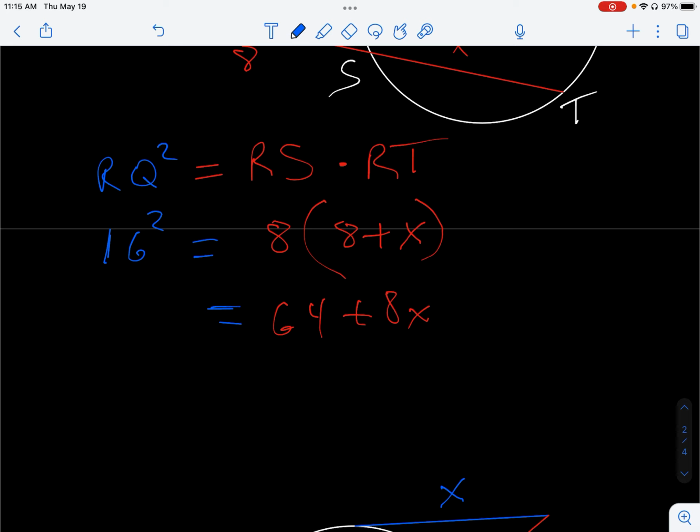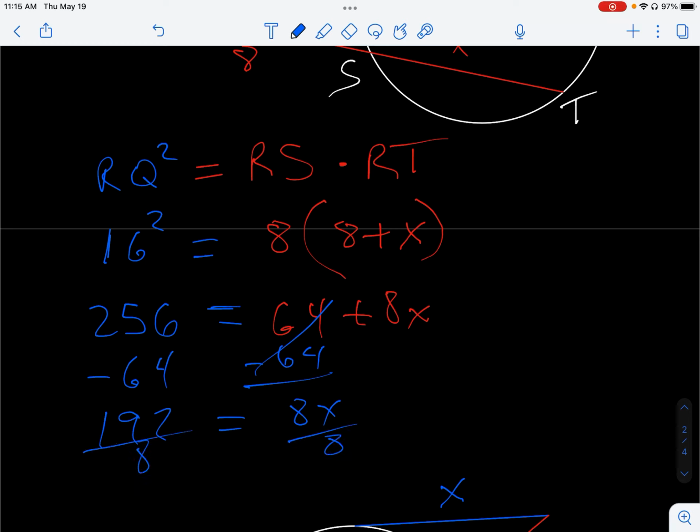16 squared is 256. Let's subtract 64 from both sides. That'll cancel, leaving us with 8X. And 256 minus 64 equals 192.